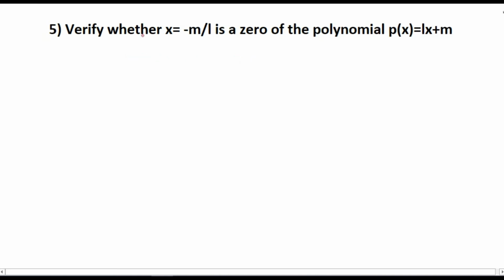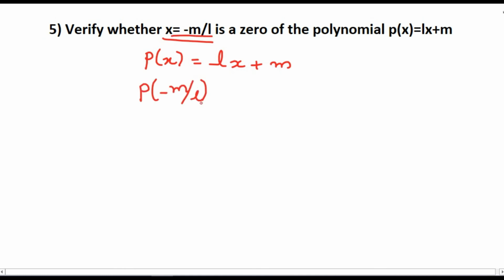Now verify whether x equal to minus m by l is a zero of the polynomial p of x equal to lx plus m. So p of x equal to lx plus m, we need to verify whether minus m by l is a zero of this polynomial. So you need to find out p of minus m by l. Wherever x is there, substitute minus m by l.